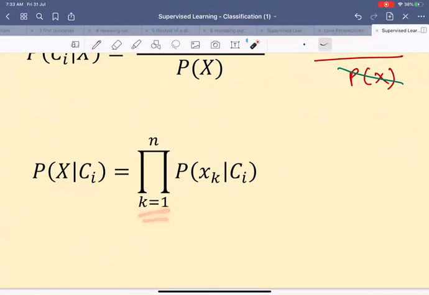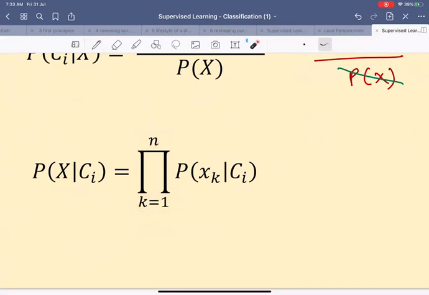Anyone? Have you seen this symbol before? Okay, Anand? For loop? Just from k equal to 1 to n. Okay, have you seen this symbol before?